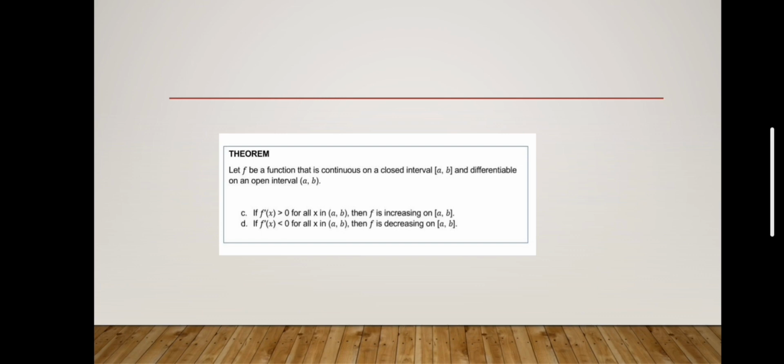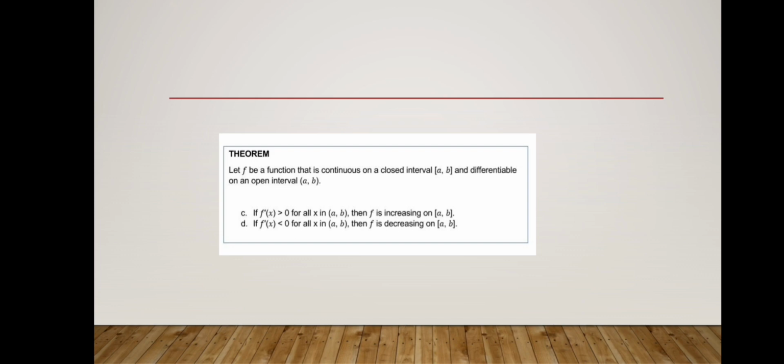If f'(x) is less than 0 for all x in the open interval (a, b), then f is decreasing on the closed interval [a, b]. This theorem tells us that the derivative conditions are only required to hold in the open interval (a, b), though the conclusions apply to the entire closed interval.